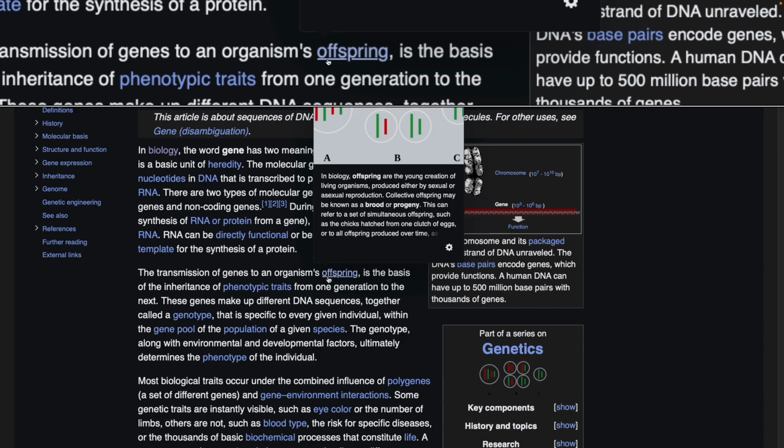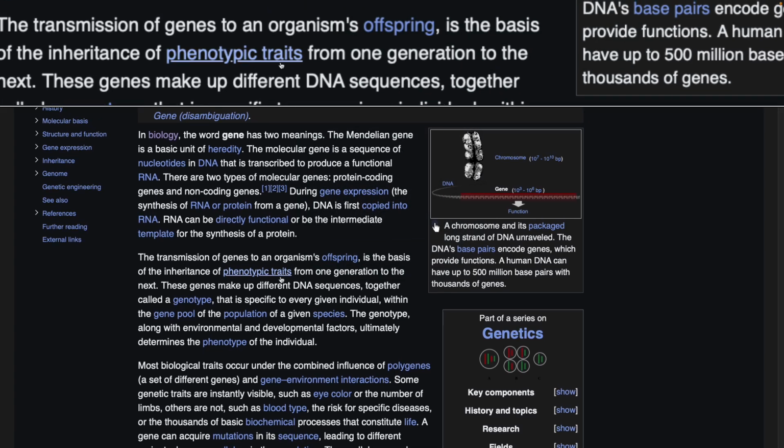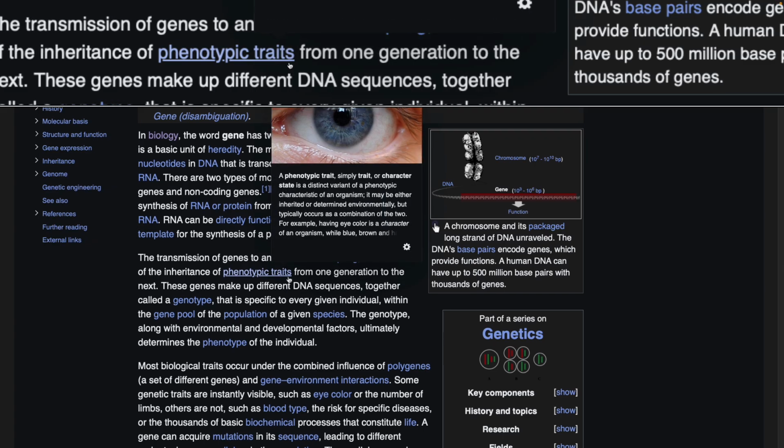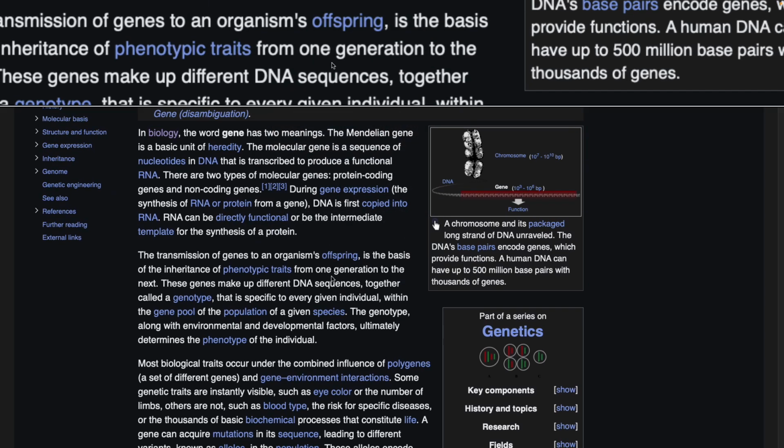So an organism's offspring is the basis of inheritance of the phenotypic traits, which has its own Wikipedia. There's a new offspring, and it inherits phenotypic traits from one generation to the next.